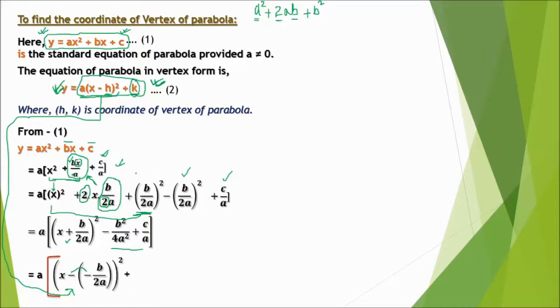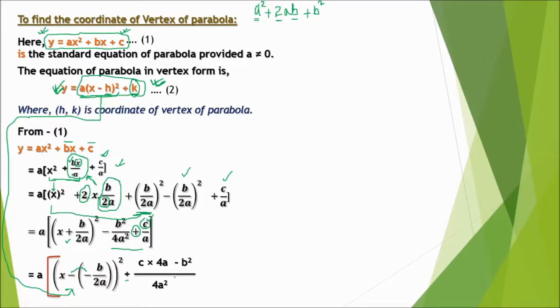From the last two terms, let's take LCM, and our LCM will be 4a square, and this part is written first. Okay, there is plus, and you can see this part is written first, so don't get confused. Now what will be in the denominator? You can see it will be c into 4a minus b square.